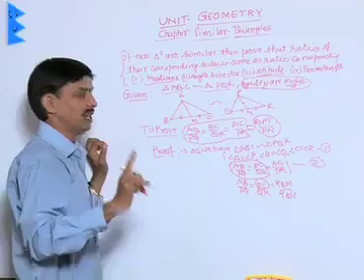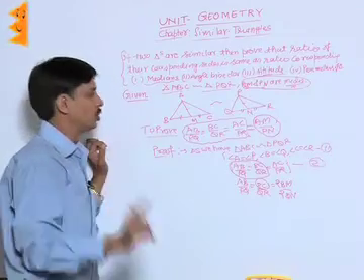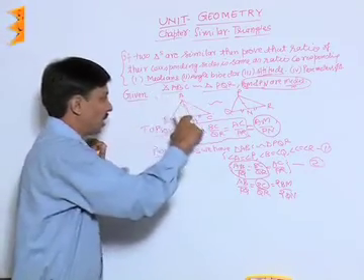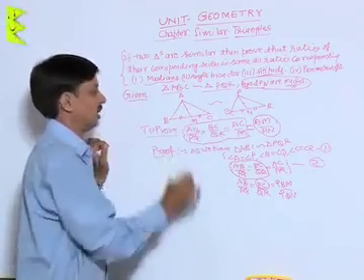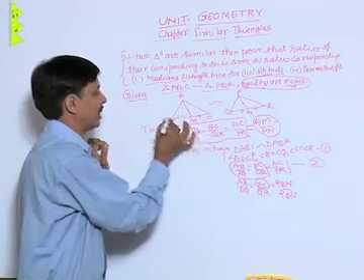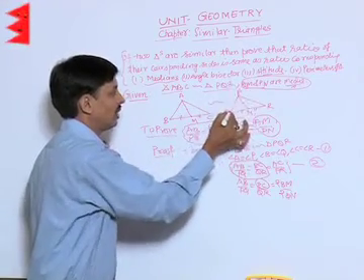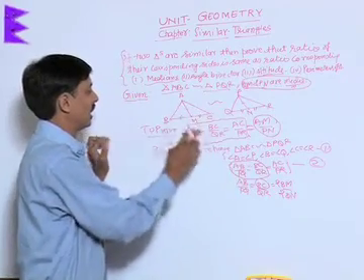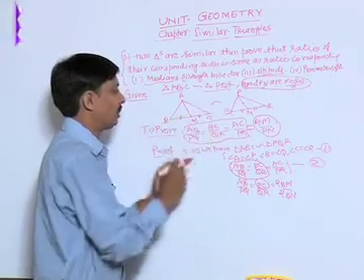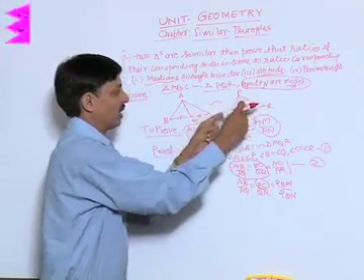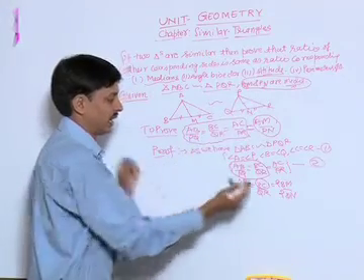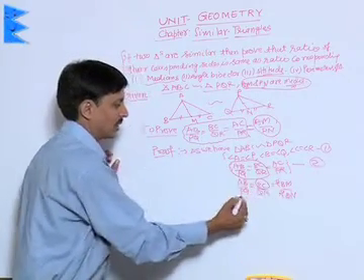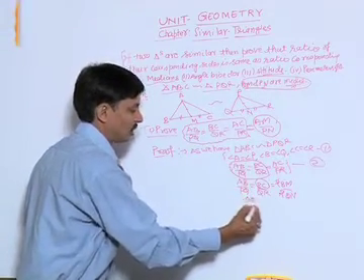Property of a median: a median is the line segment which joins the vertex to the midpoint of the opposite side. So AM is the median, that's why M is the midpoint of BC. PN is the median, that's why N is the midpoint of QR. So in place of BC, I can write twice BM or twice CM. In place of QR, I can write twice QN or twice NR. So the twos get cancelled.